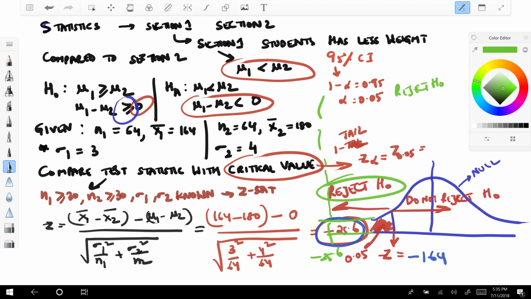So when we reject H null, this is not true. So mu1 minus mu2 greater than or equal to 0 is not true. That means mu1 should be less than mu2. So our claim, section 1 students have less weight compared to section 2, is true.